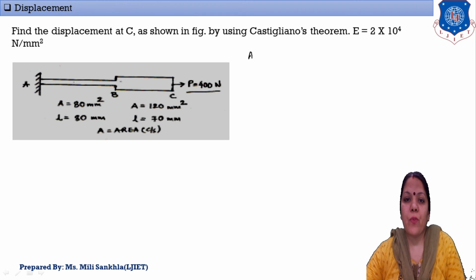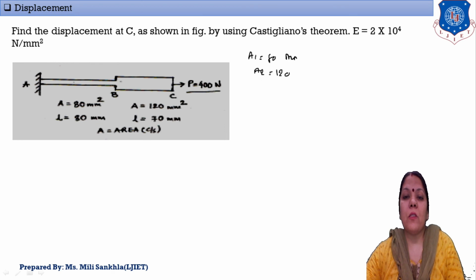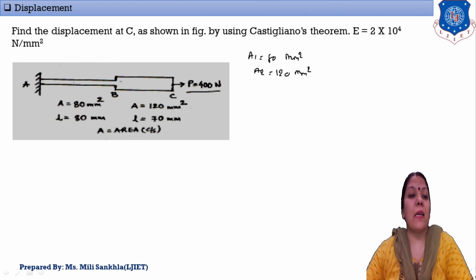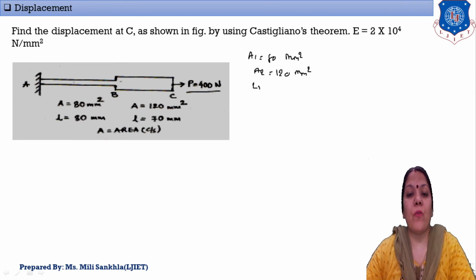So first of all A1 is equal to 80 and A2 is equal to 120 mm square, because millimeter is given. The first length of the bar L1 is equal to 80 mm and the second length of the bar L2 is equal to 70 mm.